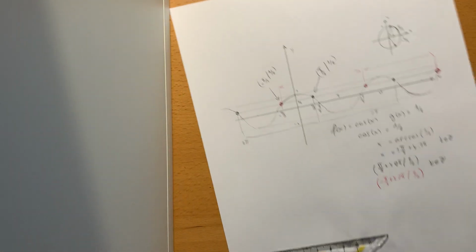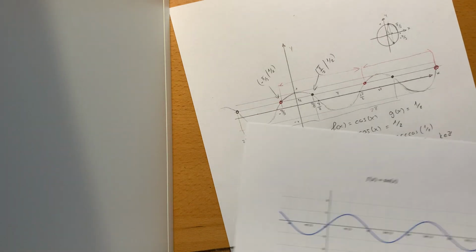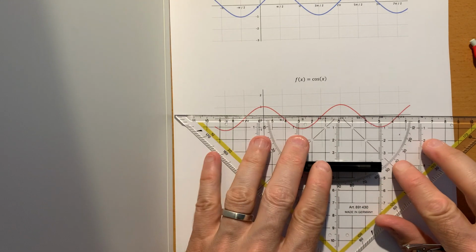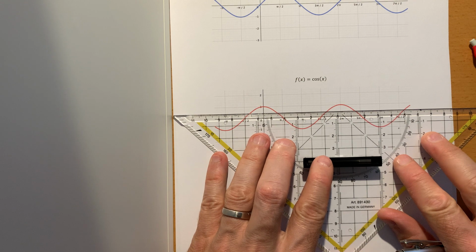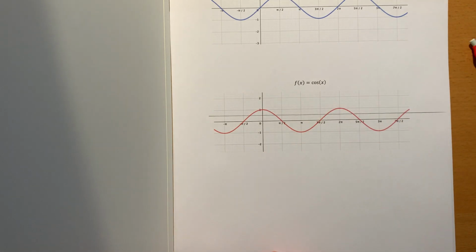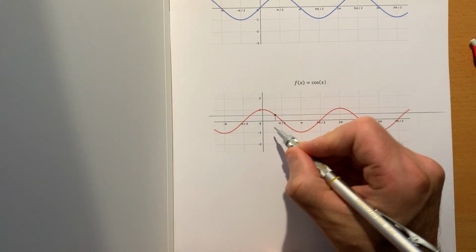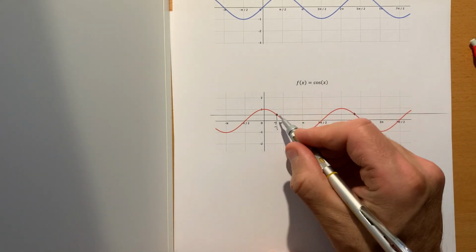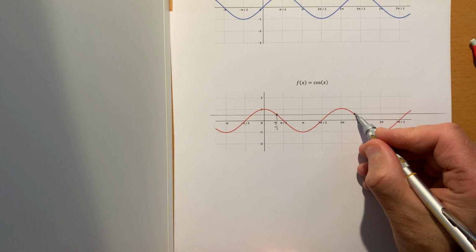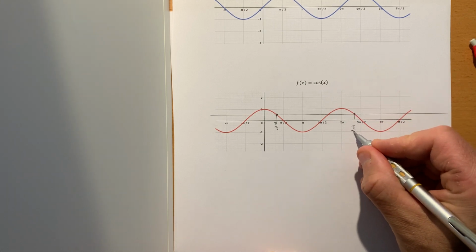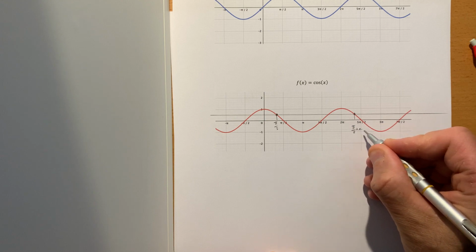And when you look at this here, this is a perfect drawing of my cosine function down here. Look, it's the same thing. If I draw this in here, it's just a bit more exact, that's all. But it's the same thing. You see, this would be pi thirds. And this over here would be 1 period length to the right. So this would be pi thirds plus 1 times 2 pi.